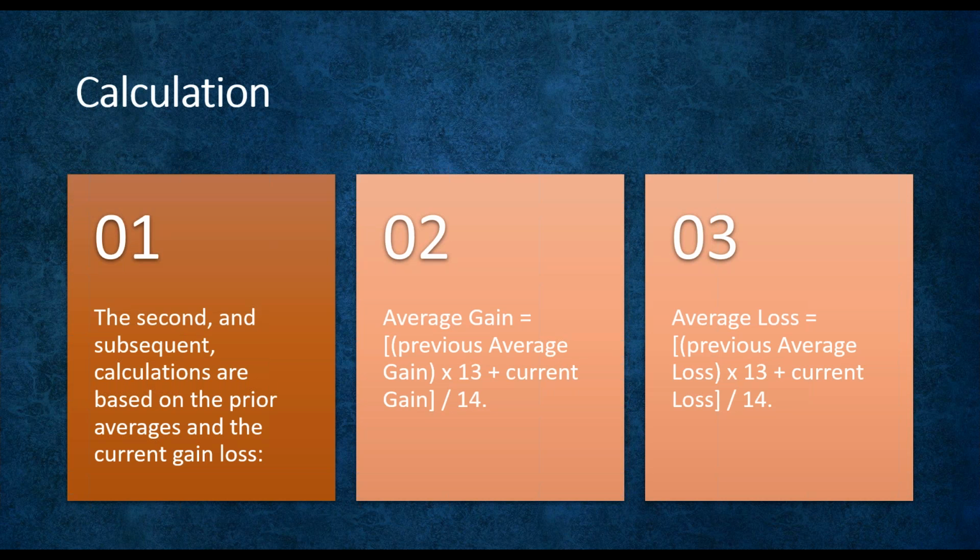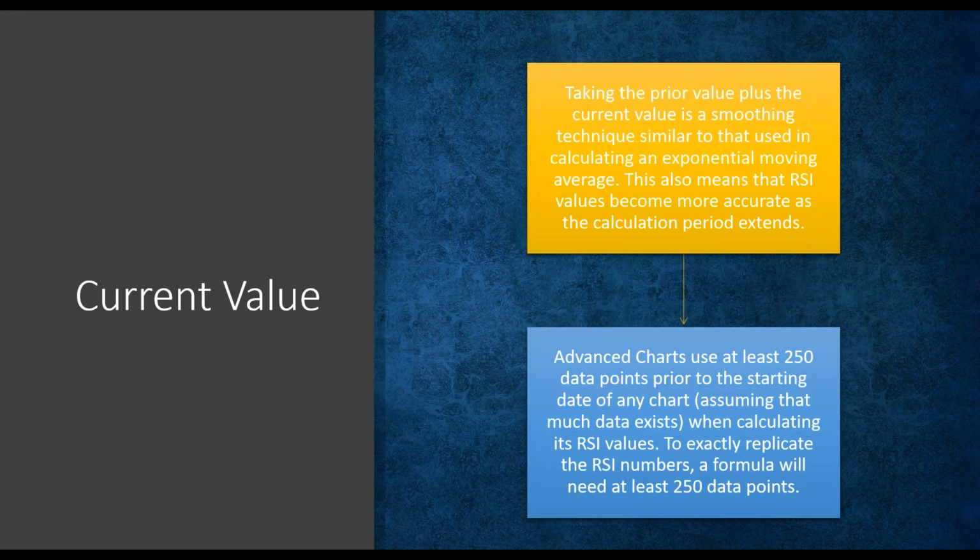But you have the average gain and the average loss over the last 14 periods. Now, taking the prior value plus the current value is a smoothing technique similar to that used in calculating an exponential moving average. This also means that the RSI value becomes more accurate as the calculation period extends.